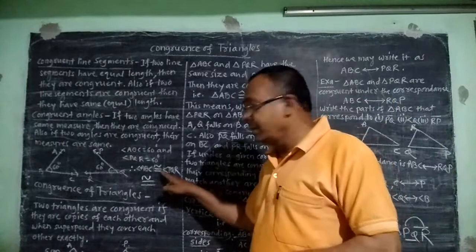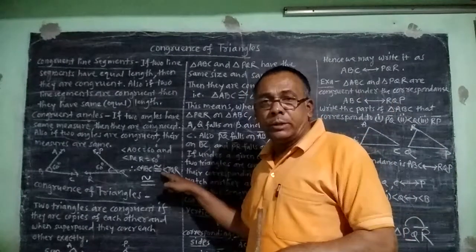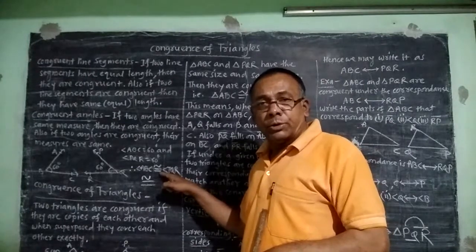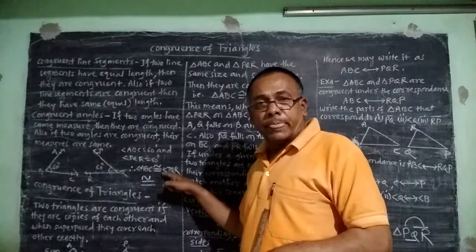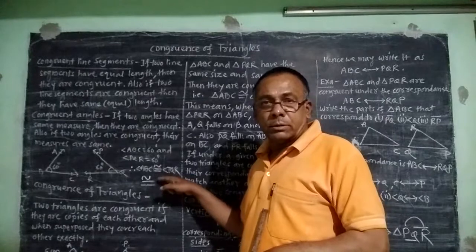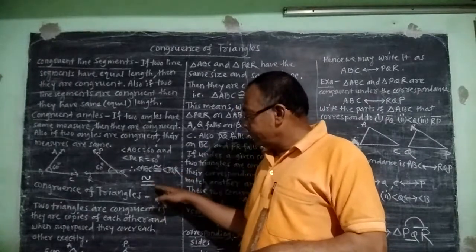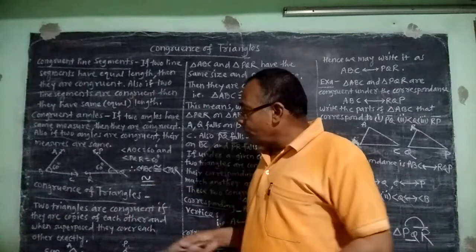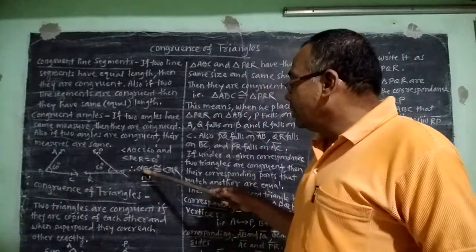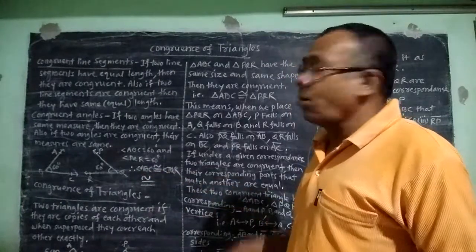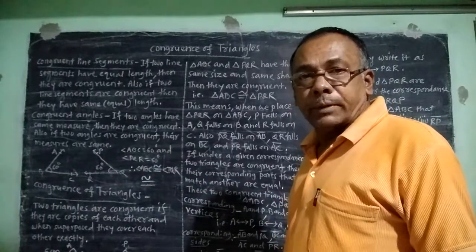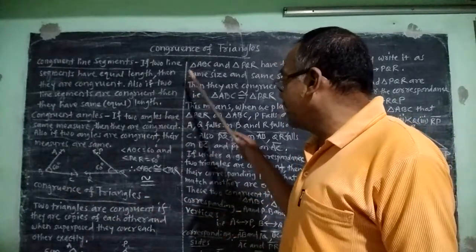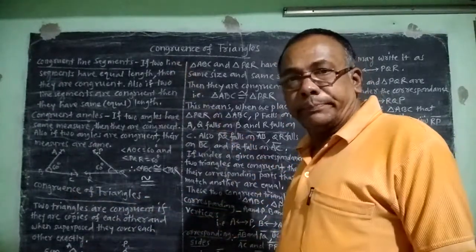This symbol denotes congruent, as I have shown here. So this is about congruent angles, and now we will see the congruence of triangles. That is our topic name.